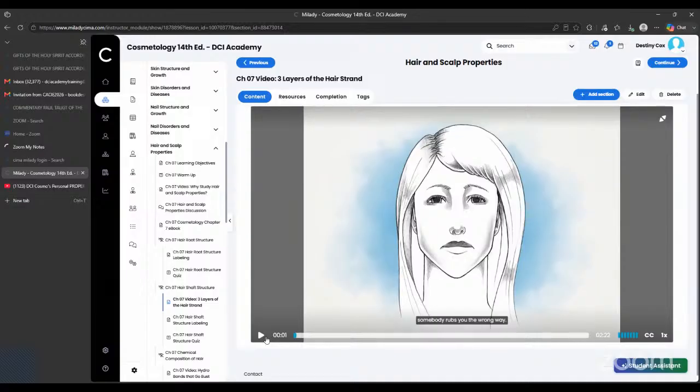Or that sweat, that chemical starts to reactivate. It tries to reactivate. And that is the worst thing that you could experience, because that means that that person's hair was not properly neutralized or rinsed out.